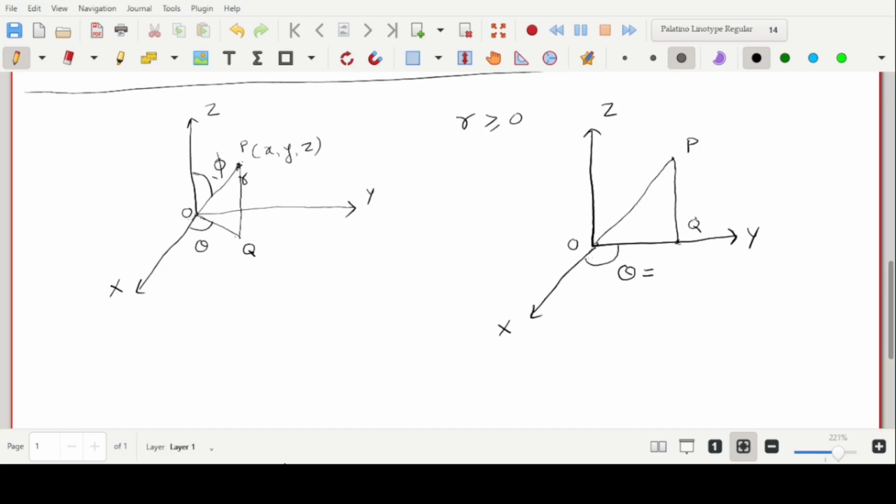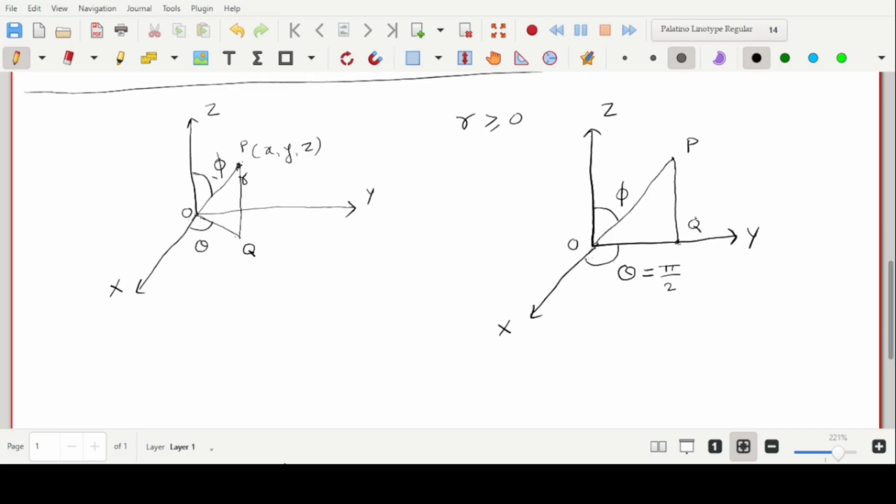So in this case theta is 90 degrees, or pi by 2. Alright, and this is phi, which this OP is making with the positive z-axis.